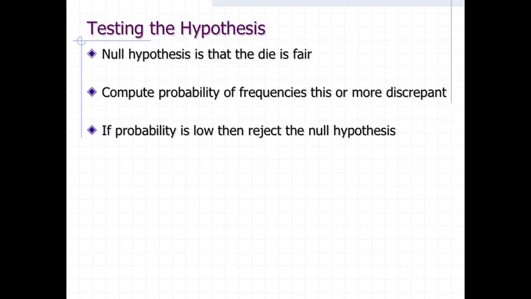The null hypothesis is that the die is fair. This hypothesis is tested by computing the probability of obtaining frequencies as discrepant or more discrepant from equal frequencies as the frequencies obtained in the sample. If this probability is sufficiently low, then the null hypothesis can be rejected.